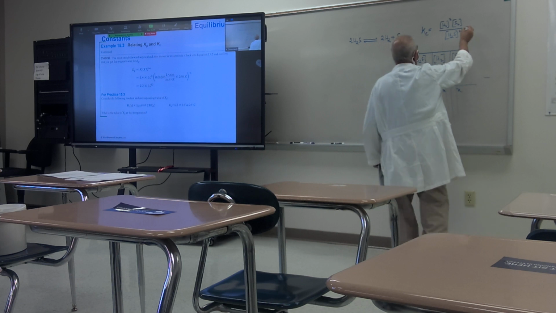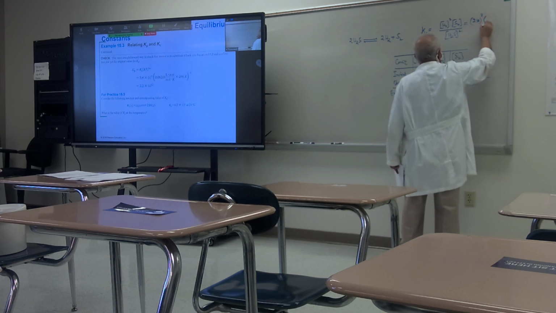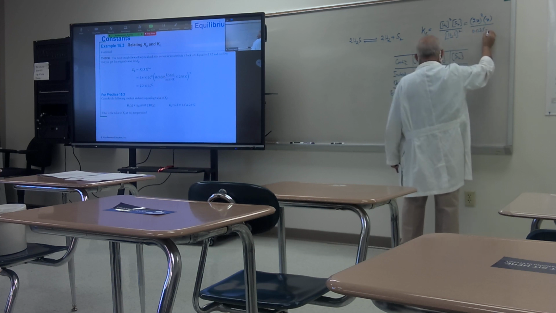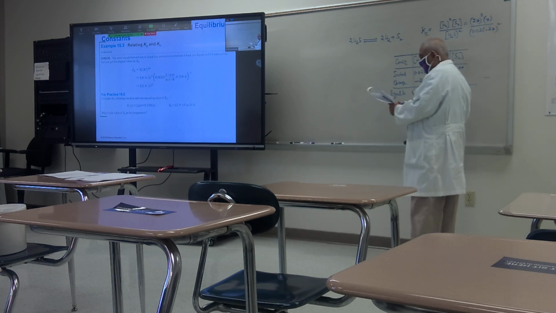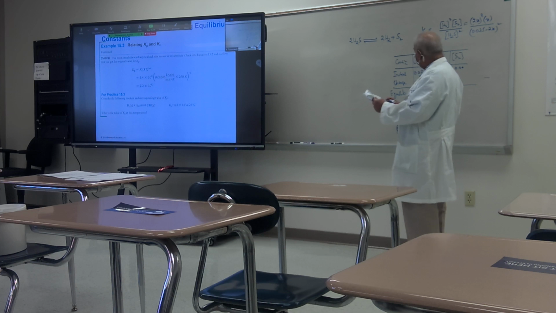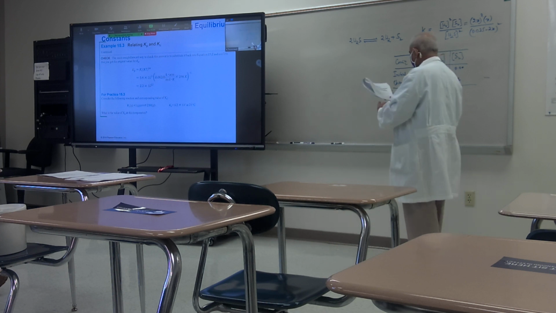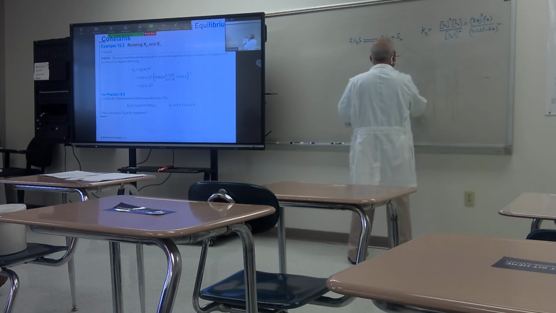Now apply here. Kc equals H2 is what? 2x whole squared. Sulfur equals what? x. Over H2S is what? 0.025 minus 2x whole squared. And let us see, Kc value they have given, you have in your PowerPoint, okay?